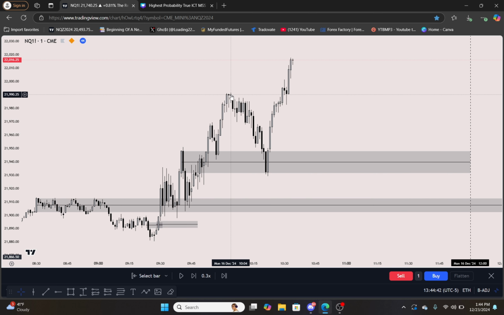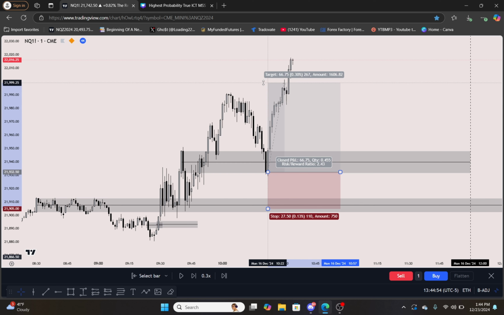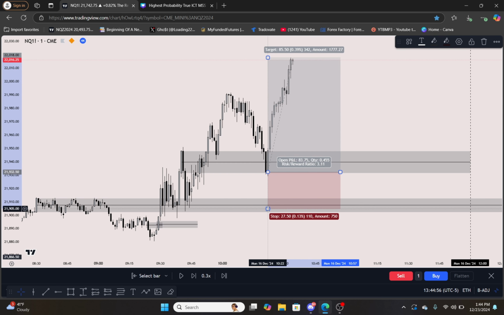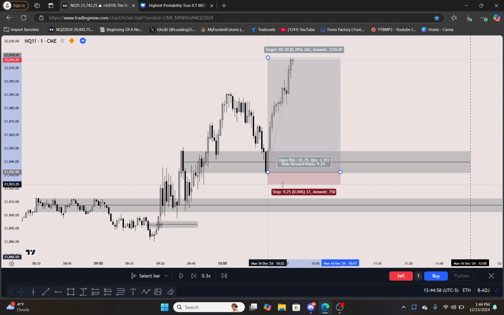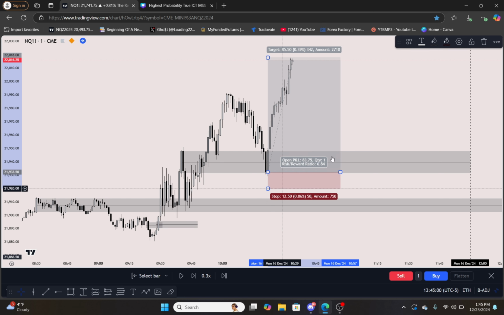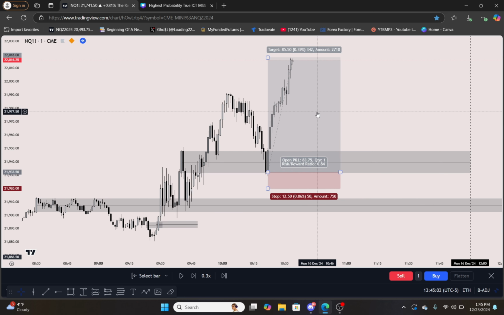10 o'clock opens up. We have accumulation. Price is making a low inside of this breaker here. And then right at 10:22, price starts to expand higher, okay? So entering anywhere inside this breaker, targeting anywhere from like a 1 to 2 is always pretty good here, okay?